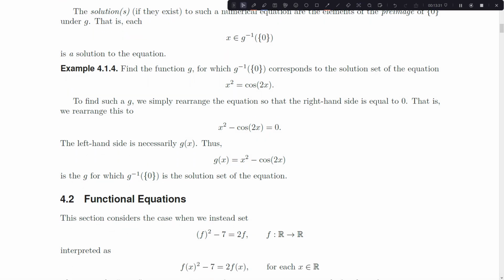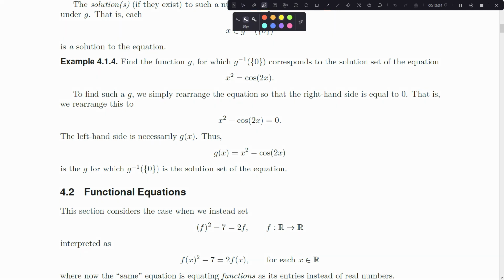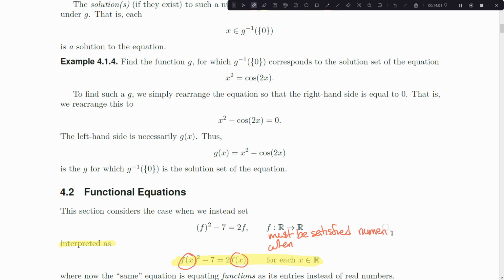This functional equation is specifically interpreted as: the functional equation must be satisfied numerically when evaluated at every x in the domain of the function.